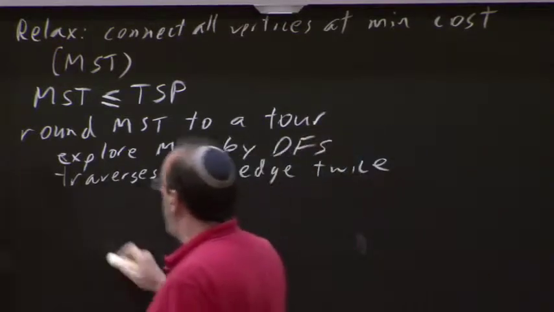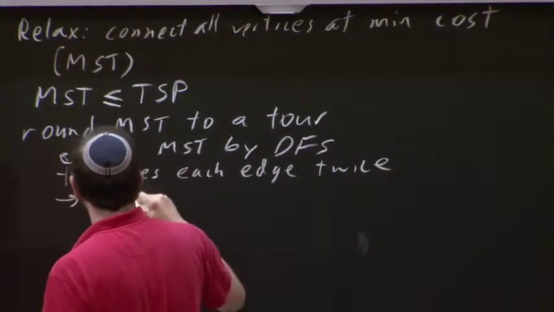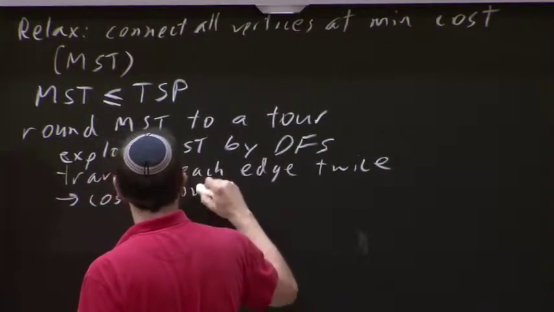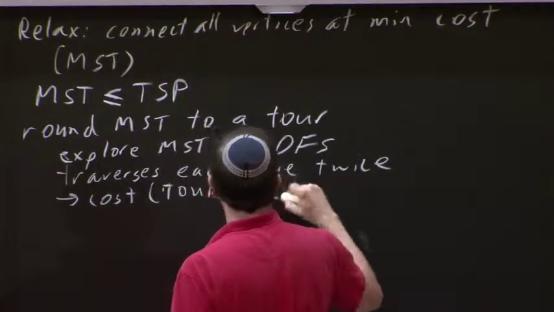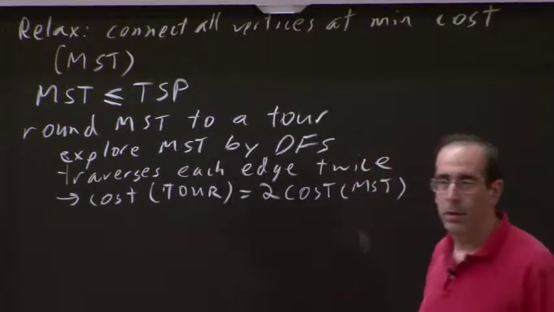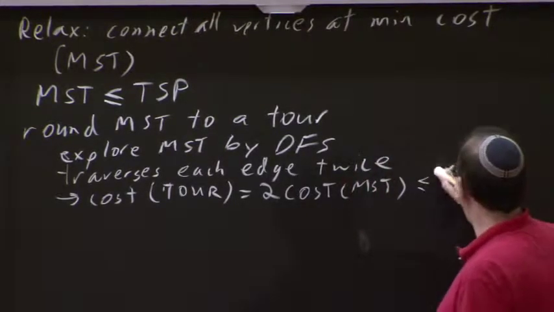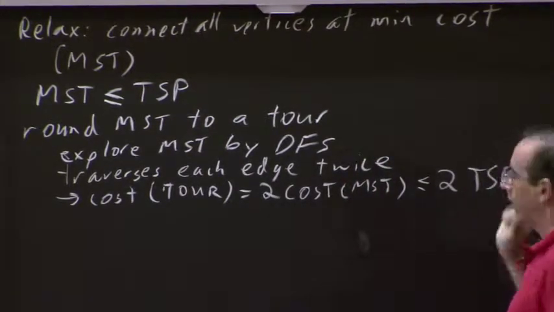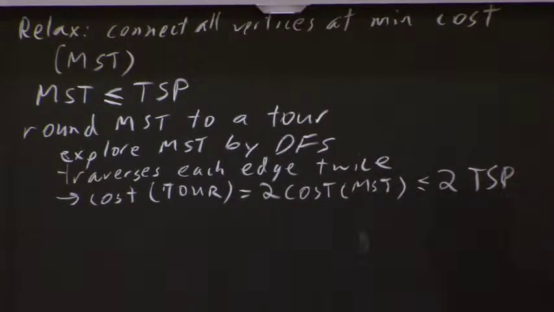Right? And that means that the cost of my tour is equal to twice the cost of my MST, which therefore is less than twice the cost of the traveling salesman problem. And therefore, once again, we have found an approximate solution to an NP-hard problem, right?